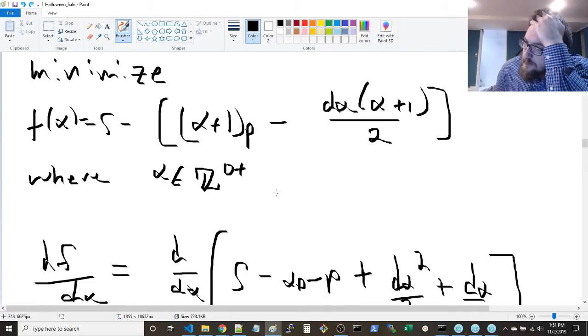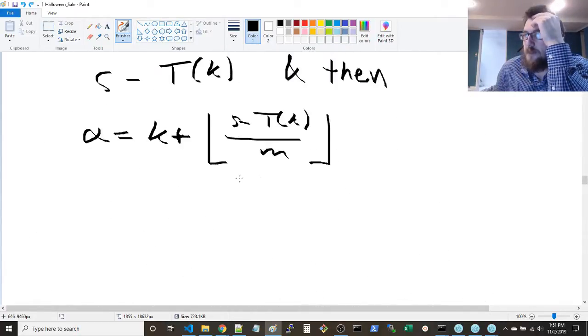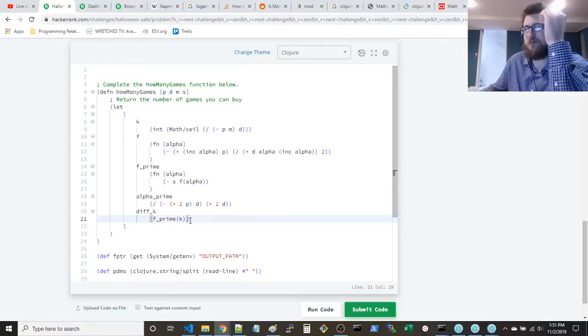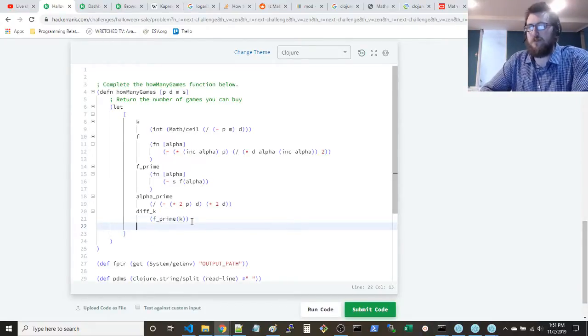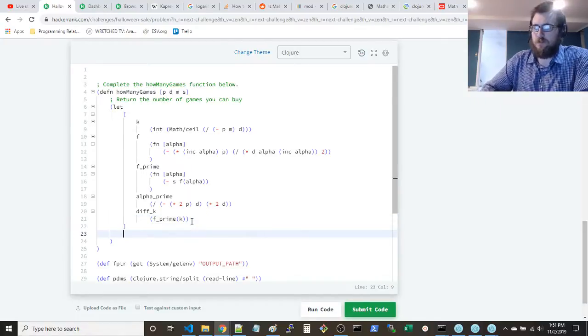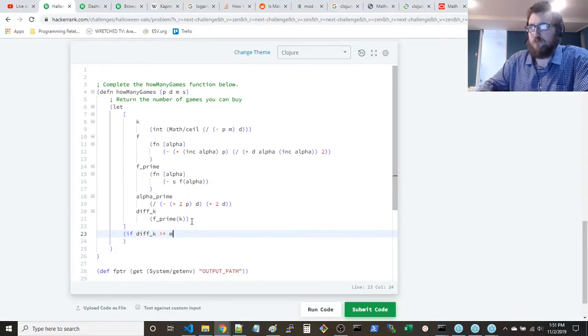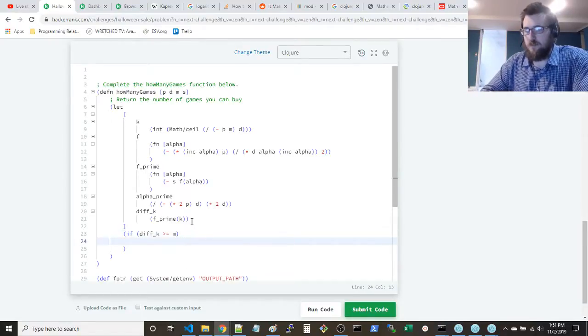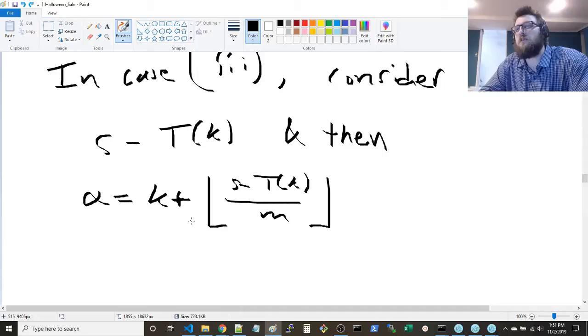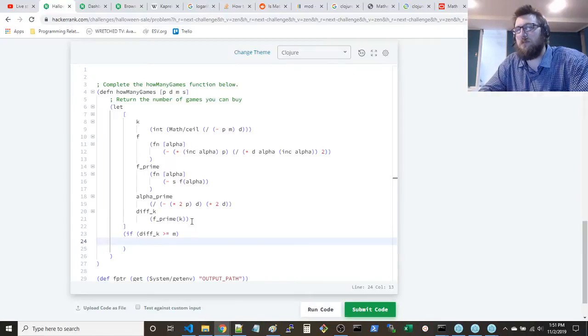It's not just greater than or equal to 0. I think it's greater than or equal to m. So now we'll go here. Say if diff K is greater than or equal to m, then we're going to go ahead and return K plus diff K divided by m floor.